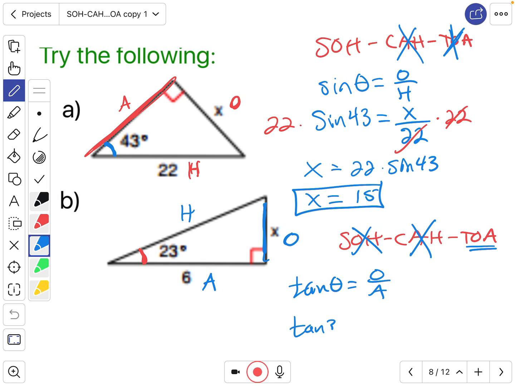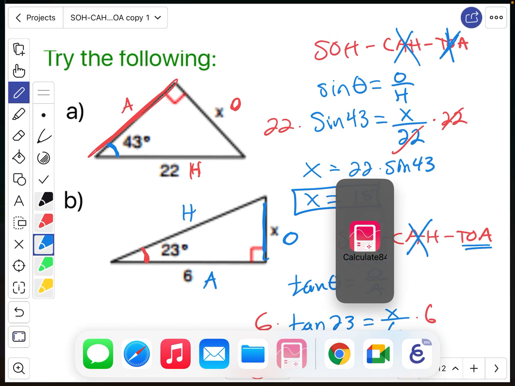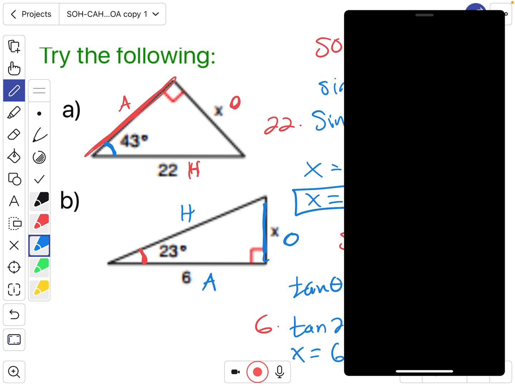So if I write out my formula, tangent of the angle equals opposite over adjacent, tangent of 23 equals the opposite over adjacent, so x over 6. Notice, again, the 6 is on the bottom, so to get rid of it, I multiply to both sides, and so x is going to equal 6 times the tangent of 23.